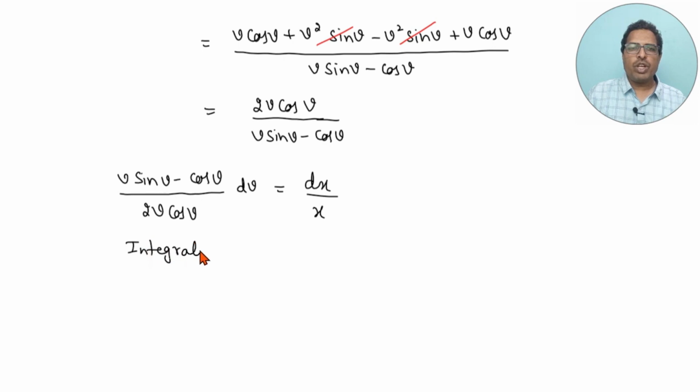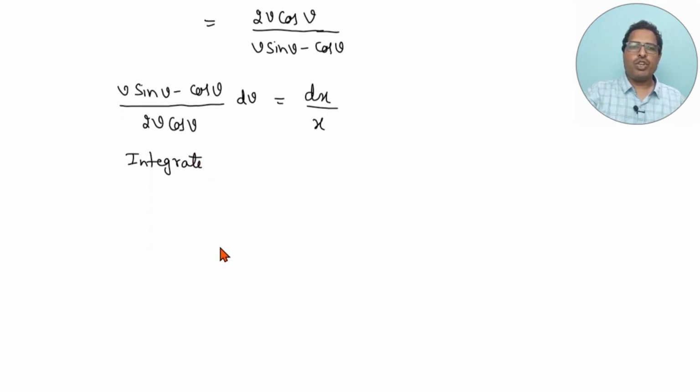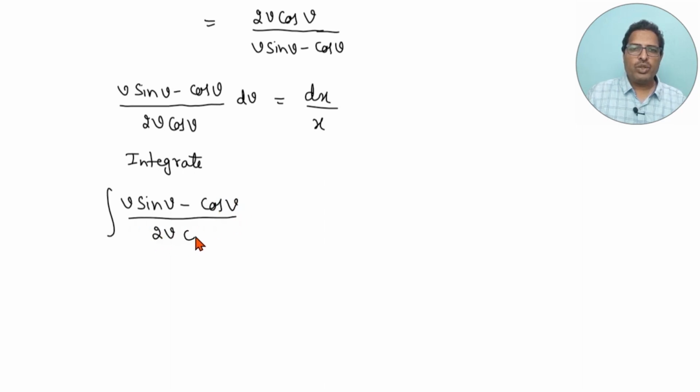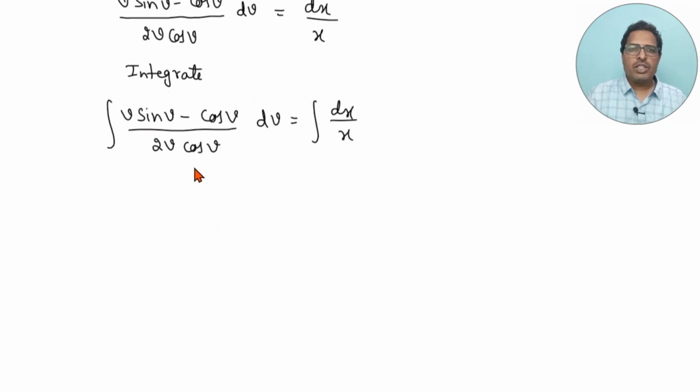So we will try to integrate on both the sides. So if you integrate, we get integral of v sine of v minus cos of v divided by 2v into cos of v times dv is equals to integral of dx by x. Now let us try to split this one.